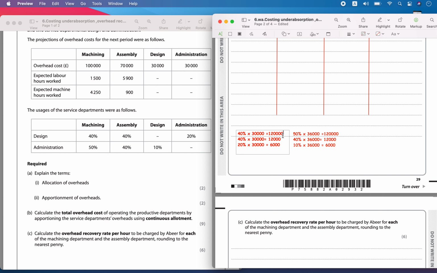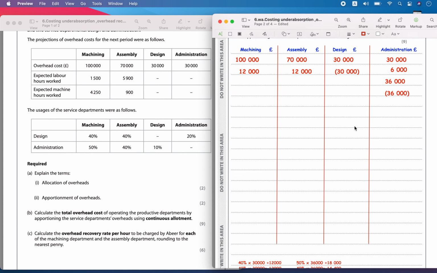So let's write here 18,000, 18,000, and 40 percent of 36,000, that is 14,400, and 10 percent of 36,000 is 3,600.